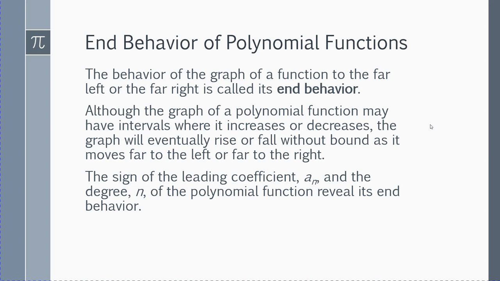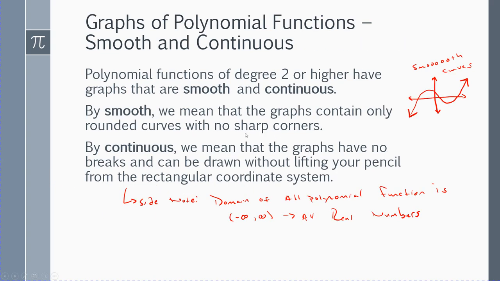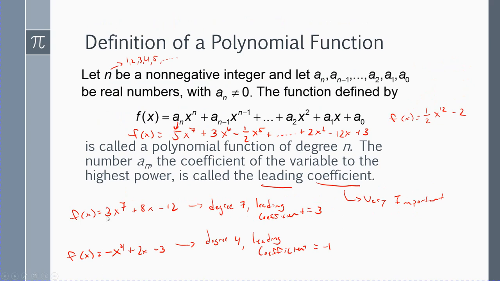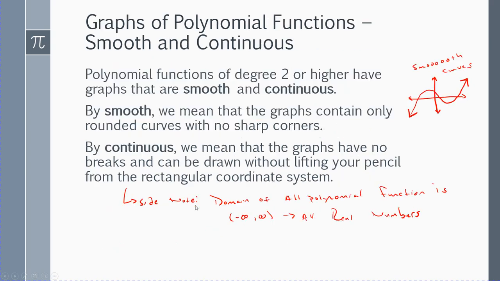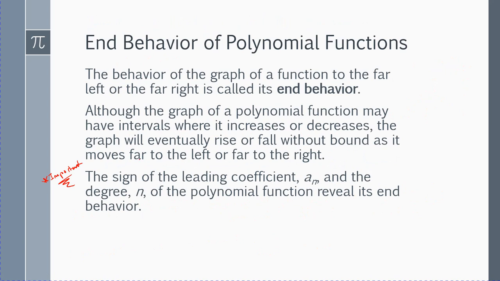So the way you determine this is really important. The sign of the leading coefficient, going back to this 5, this 3, this -1, and the degree of the function reveal its end behavior.